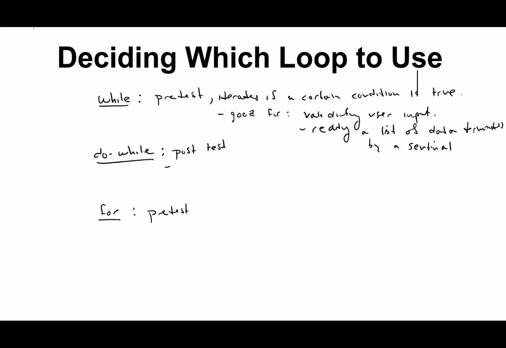So a do while loop, remember, is a post-test loop, and this always iterates at least once. So if we want our loop to run at least once, a do while loop is good for a repeating menu.